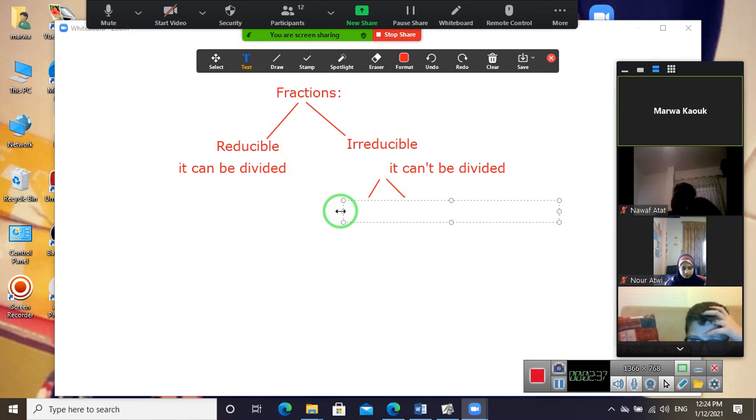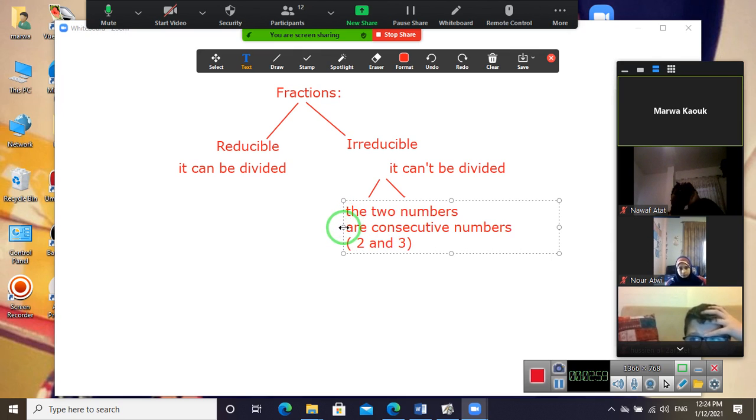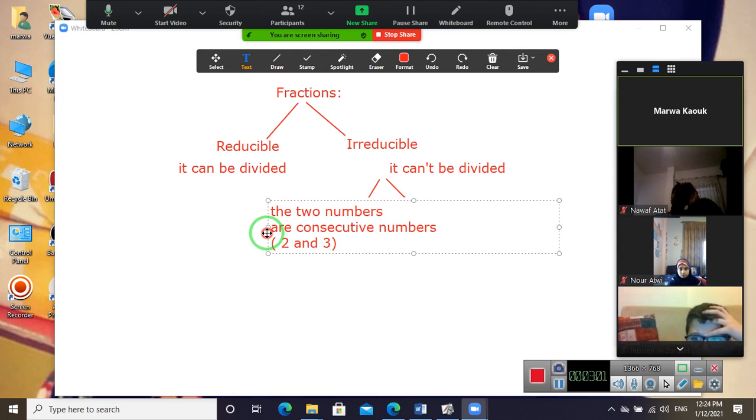Maybe the two numbers are consecutive numbers, like 2 and 3. Then we can say the fraction is irreducible if it has two consecutive numbers. For example, if I have the fraction 2 over 3, it's irreducible.